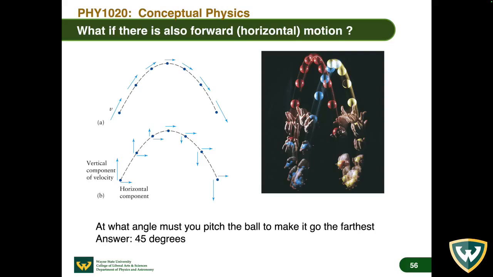So what would be the angle that I need to pitch the ball at to throw the farthest away? And the answer is 45 degrees. To derive this requires calculus, but I'll just give you the answer, 45 degrees. So 0, 90, and 45 degrees, straight in the middle. Neglecting air, of course.